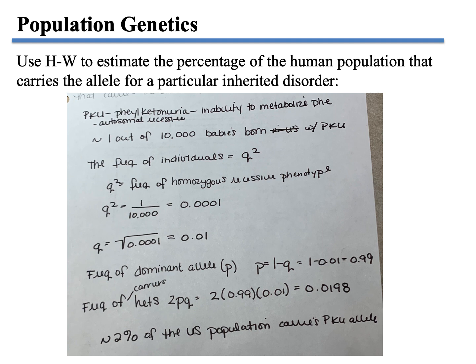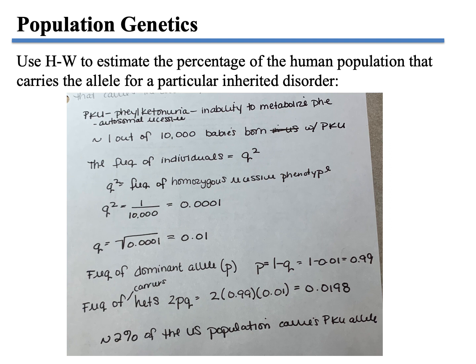What we need to do is solve for q, which would then be to take the square root of that value, which then is 0.01. So the frequency of the recessive allele in the population is 0.01.